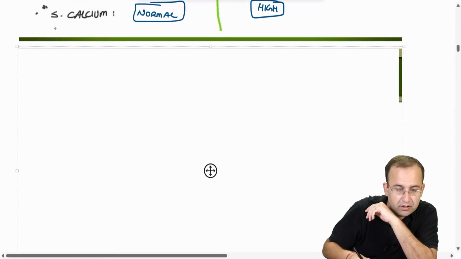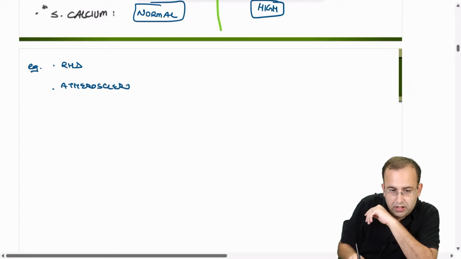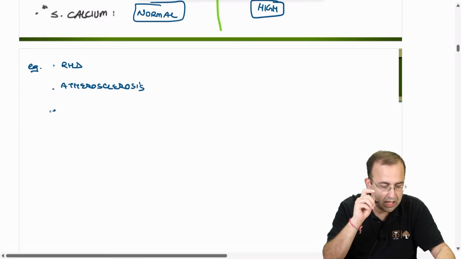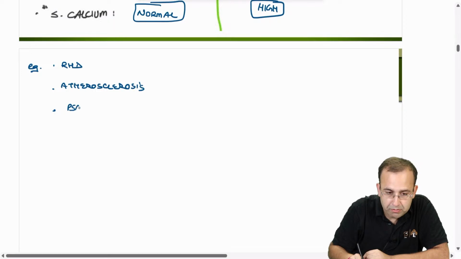Next, examples associated. Dystrophic calcification is seen in RHD, rheumatic heart disease, and atherosclerosis. And I want you to tell me, what is calcification associated with tumors called? Psammoma bodies. Extremely important.